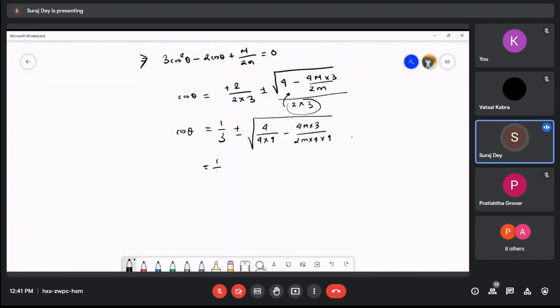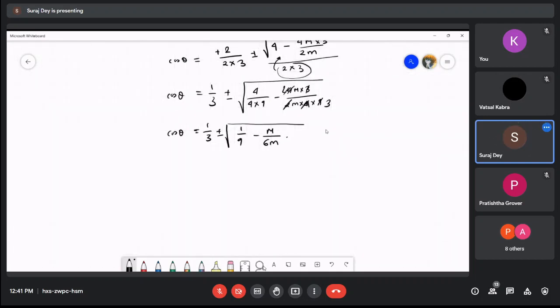Okay, let's try simplifying further. So then this will be 1 by 9 minus, what do we have? 2 and 3, and I think this is a 4, yes, so 6, and yeah, I hope this is correct.